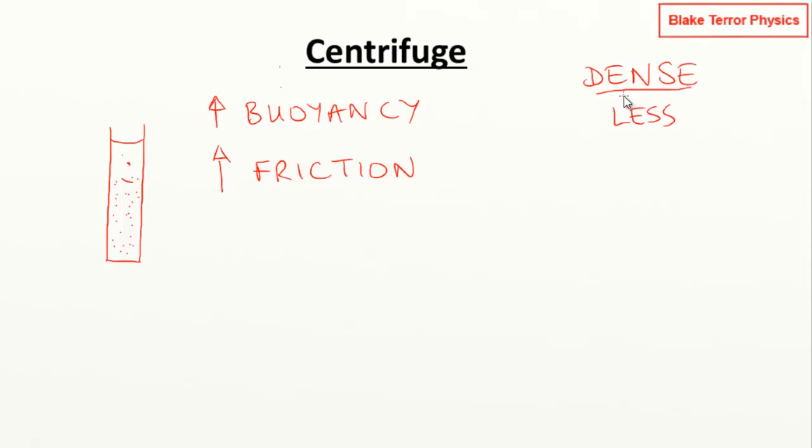So for the dense particle, we're going to have less buoyancy, and we'll also have lower friction because it's going to have a lower surface area, and the friction is going to depend on the lower surface area. So we've got less upwards force on the dense particle. So the dense particle is going to fall more quickly as it is.